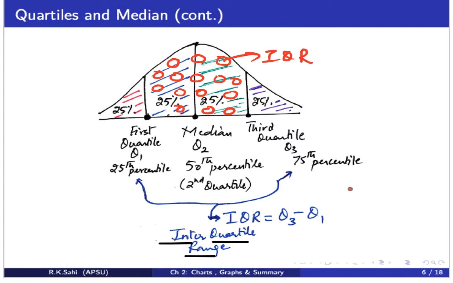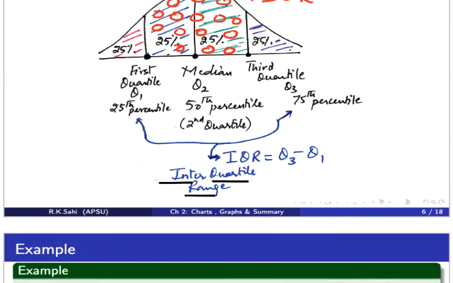Remember, it also shows the variability in the data set, but at the same time it covers all the observations which lie between Q1, the 25th percentile, and Q3, which is the 75th percentile. So we have got our concepts base ready here. Let's start with examples now.